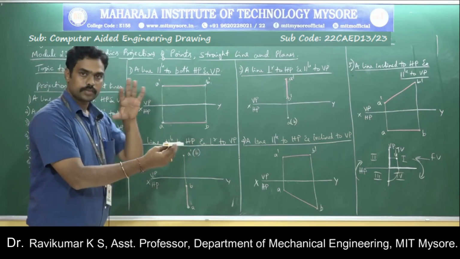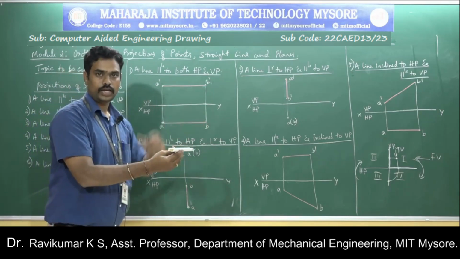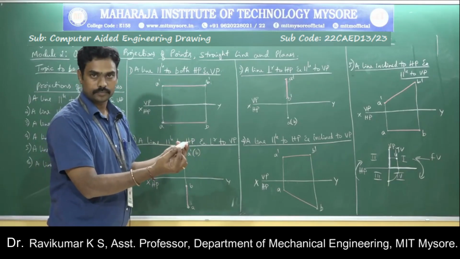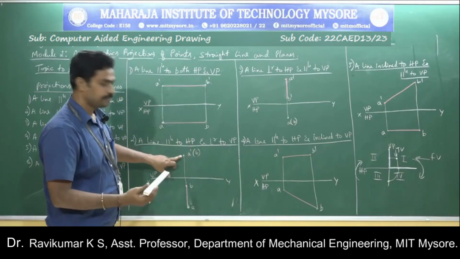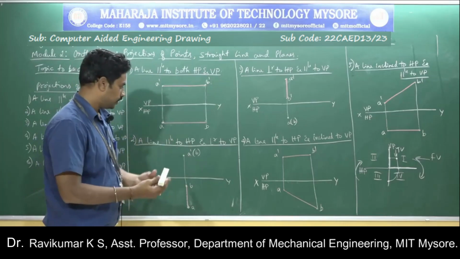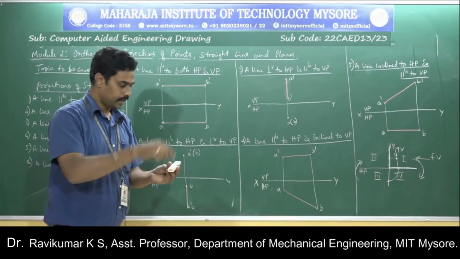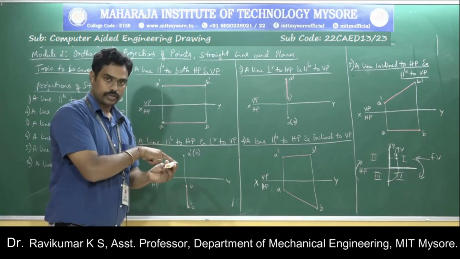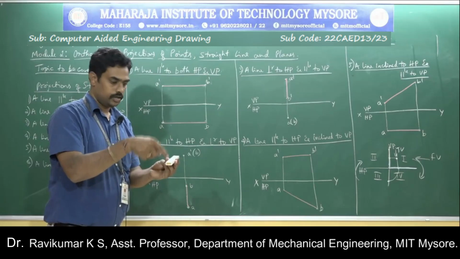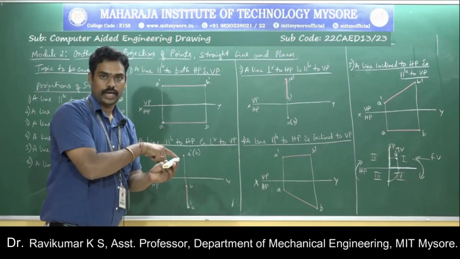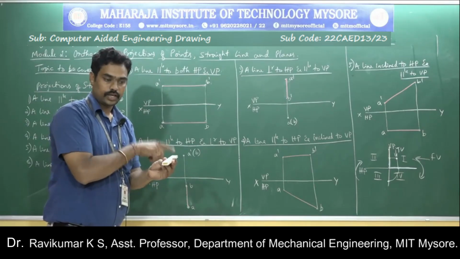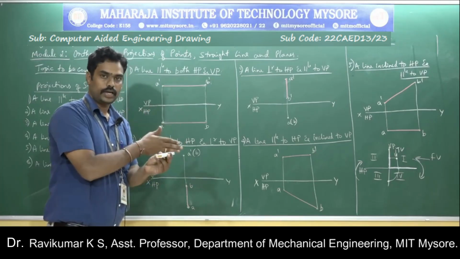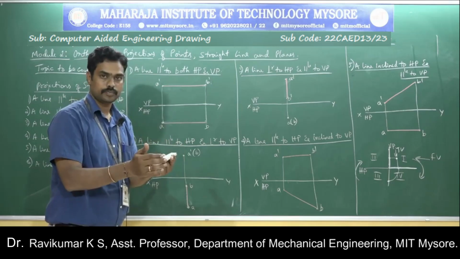So now you just imagine the views, front view and the top view. In the front view you are able to view only a point. Okay, you just locate it here, a point. Now you need to name it. If you give this as A and this as B, since A is visible, B is not visible because B is in line with A, or B is behind A. Since point B is behind, B is invisible, A is visible.